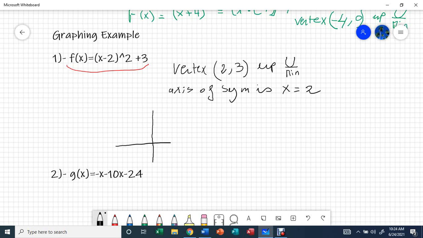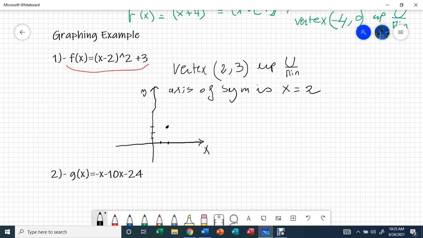This is my x axis. This is my y-axis. So the vertex is (2, 3). 1, 2, 1, 2, 3. So that's my vertex here.